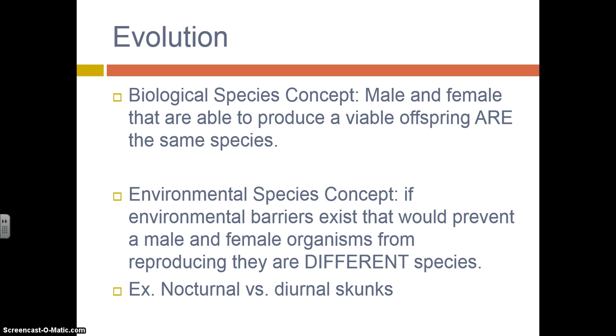So there's two different skunks in this case, and some mate, forage, carry out life functions during the night. Those are your nocturnal. And other skunks do the same, only they do it during the daytime.